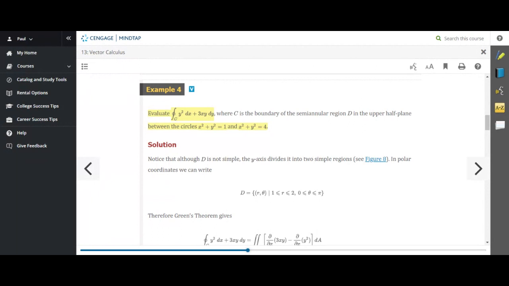In example 4, they want you to find the work where C is the boundary of the semi-annular region D in the upper half plane between two circles, one with radius 1 and one with radius 2.